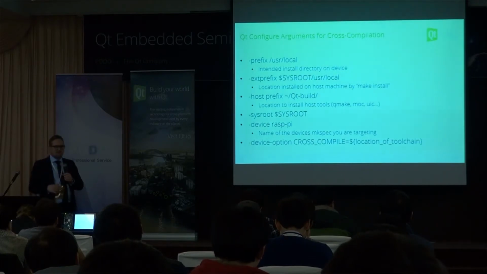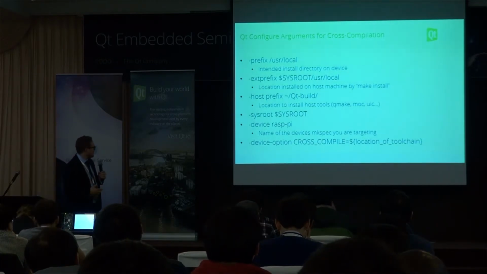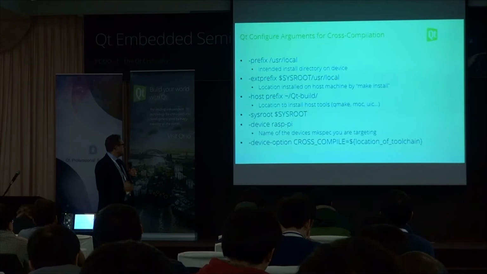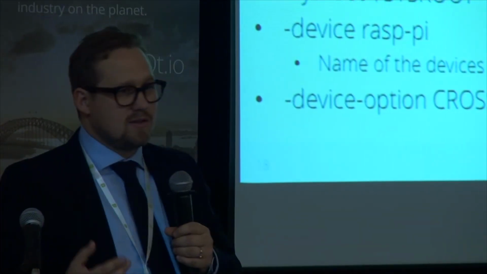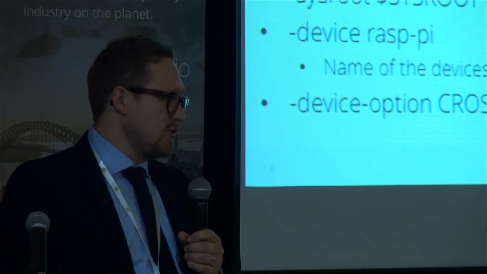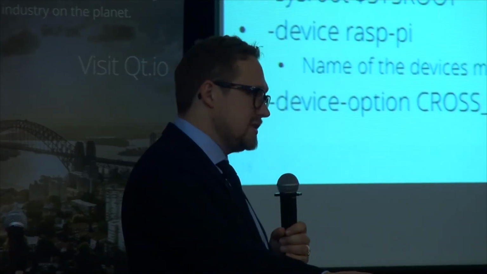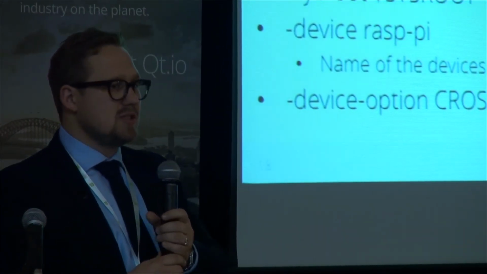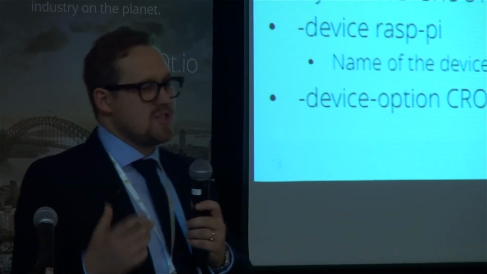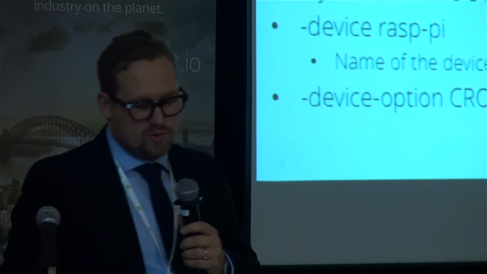And in Qt 5 we have included this device concept. So that's the make spec, the device you're targeting. So we have a lot of pre-created device specifications, for example, for the Raspberry Pi, for these devices. And you can very easily use those implementations. They are all open, and you can change them to match your own device that you're using.